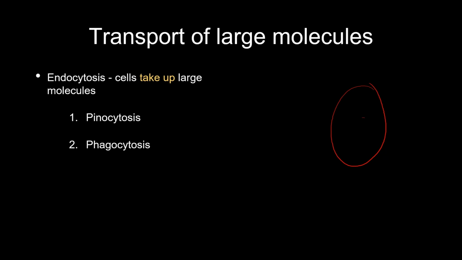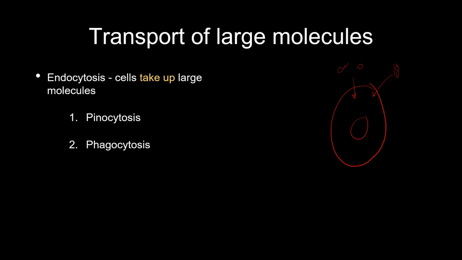For example, this is the cell, this is the nucleus, and you have organelles in it. If the movement is into the cell, for example, a smaller cell is taken up by this big cell, this is termed endocytosis. In other words, it's like your cell is eating something. So the movement is into the cell.